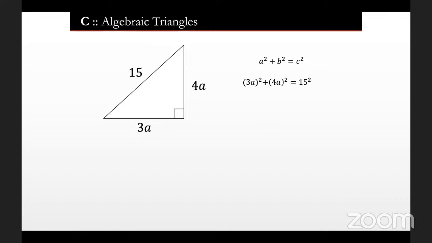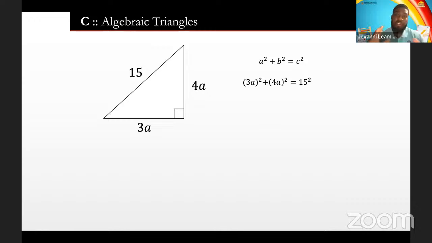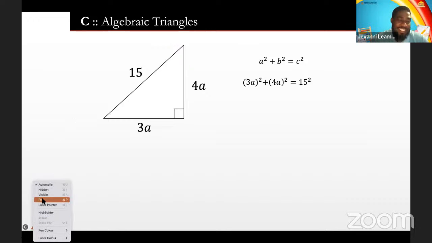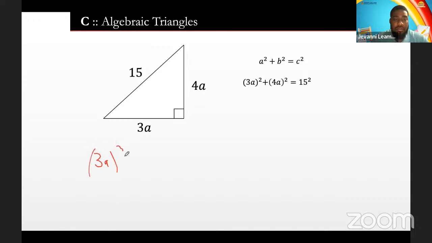So now we have 3A squared. You can't even plug that into your calculator, so you have to break it down. In that sense, I'm going to put a note over here. So it's 3A, squared.